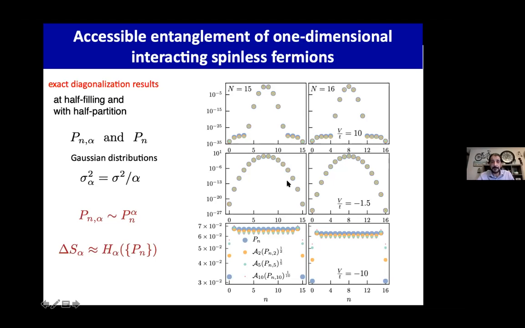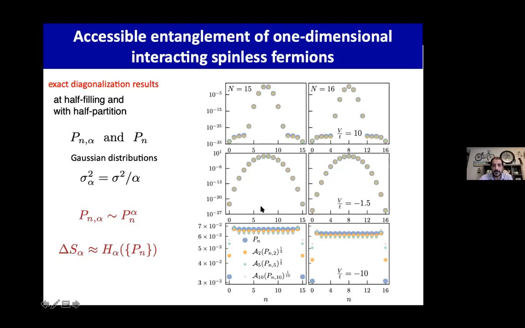That's true for a system with either an odd number of particles or an even number of particles, and that's calculated inside this Luttinger phase at interaction minus 1.5, where the phase exists between -2 and 2.